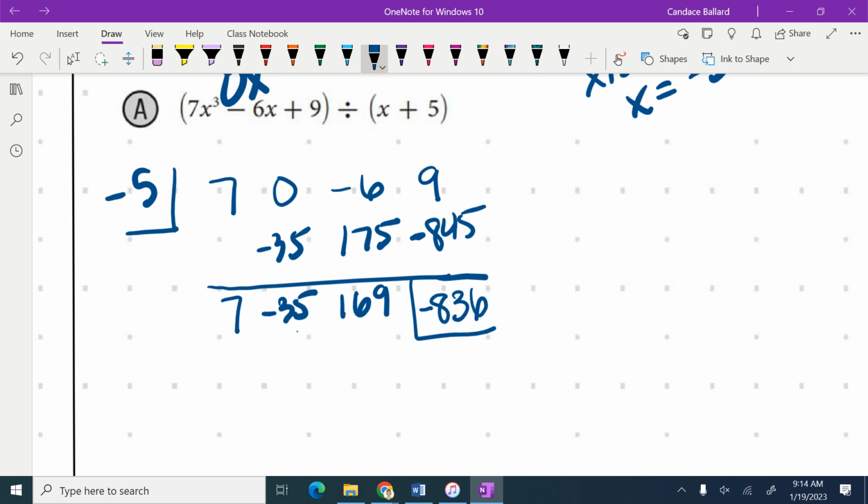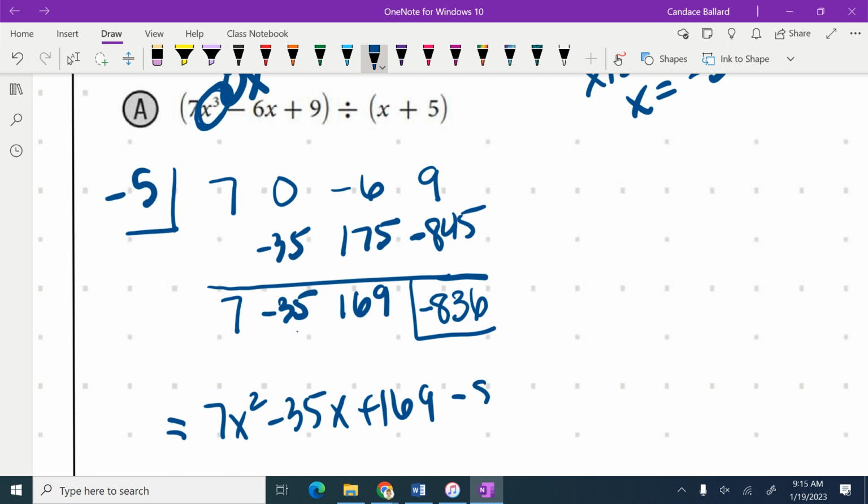So I know that my final answer on that up there is I have to take this down by one exponent. So what's my new exponent? Or my new variable? Yeah, so 7x squared. I'm using these coefficients. Minus 35x plus 169 minus 836 over whatever I divided by, x plus 5.